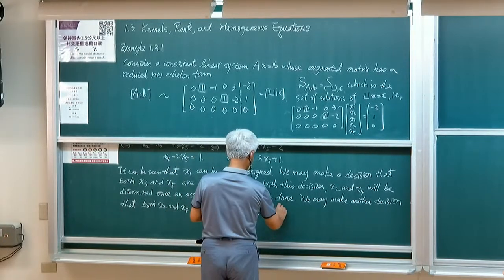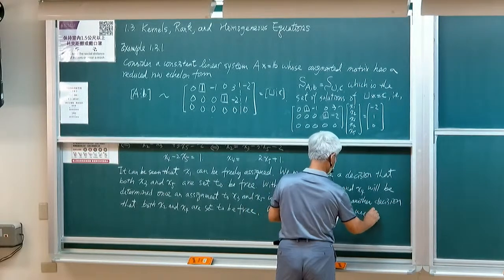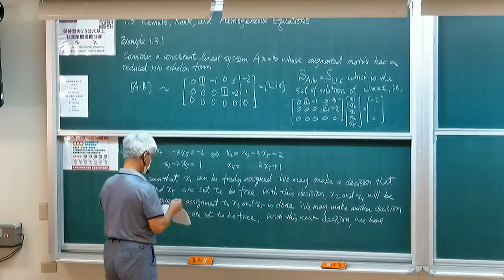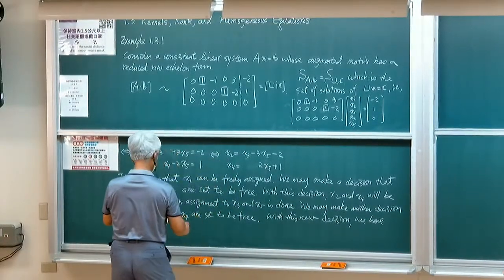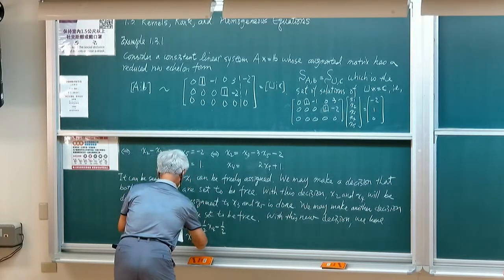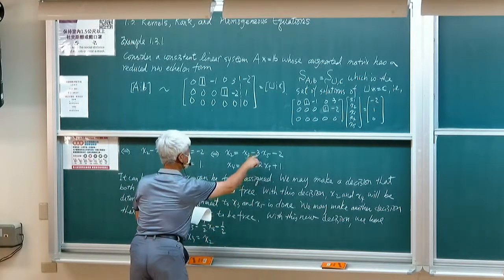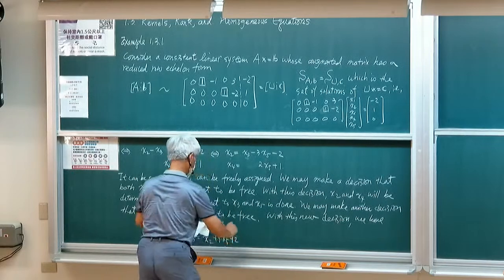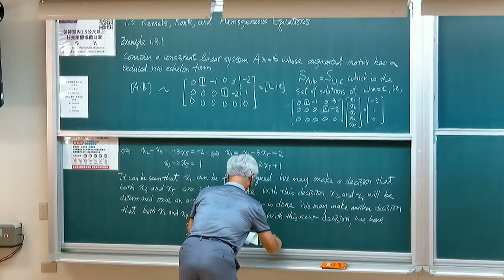Okay? Now with this new decision, we want x2 and x4 to be free, so that x5 is equal to 1/2 of x4 minus 1/2, and x3 becomes x2 plus 3x5 plus 2, which is equal to x2 plus 3/2 x4 plus 1/2.